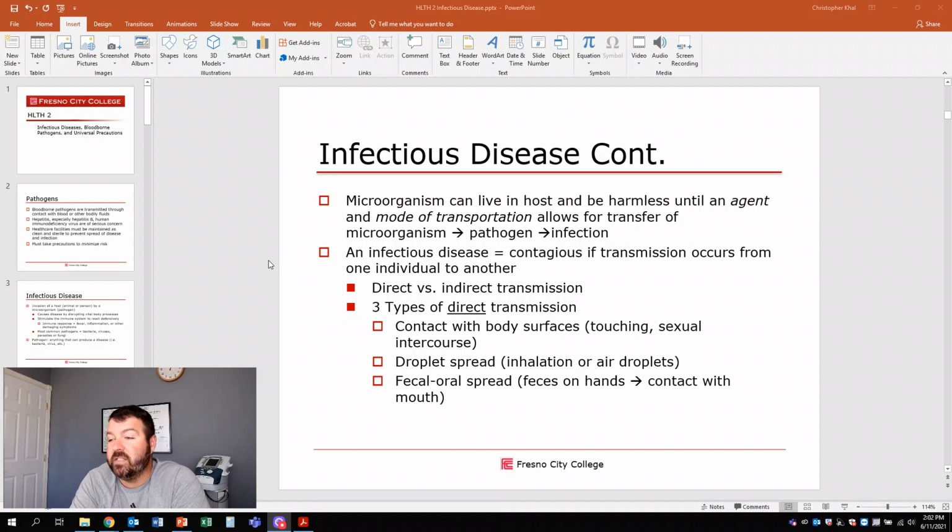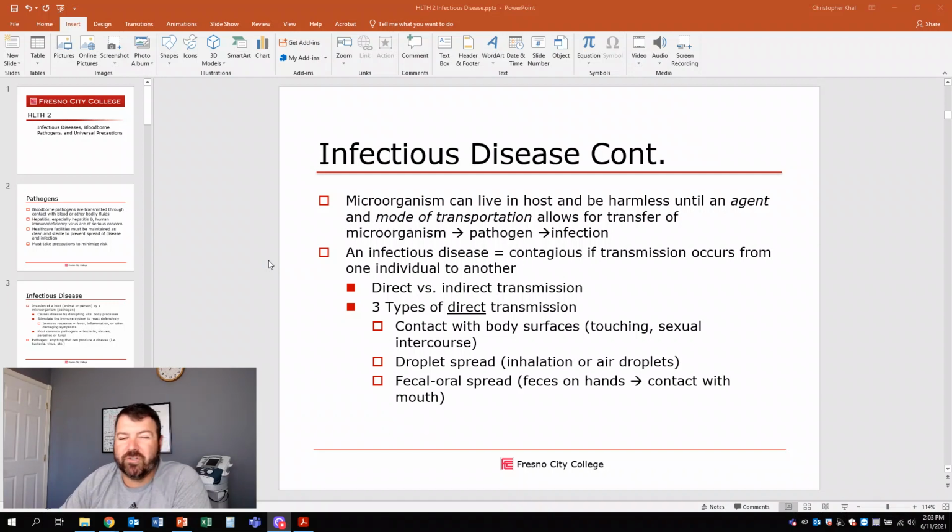It's either direct or indirect transmission. The direct types are contact with bodily surfaces, like touching and sexual intercourse, those are the main ones. Droplet spread, which is inhalation of air droplets. And fecal oral spread, feces on the hands in some way, then transmitted by contact with the mouth.